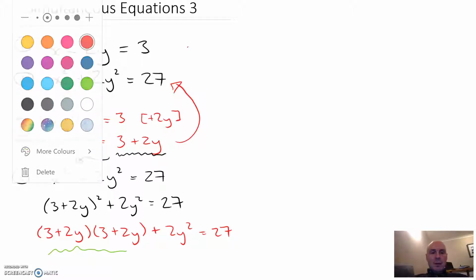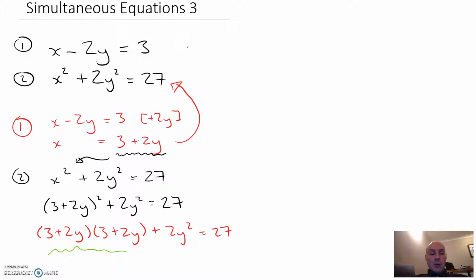If we expand those two brackets there, you can use FOIL, you can use your grid method. Actually, let's go through with FOIL. Let's just expand that: 3 plus 2y, 3 plus 2y. Okay, that's all we're dealing with. That's the bit in green. If you like the FOIL method, that's first times first, outer times outer, inner times inner, and last times last.